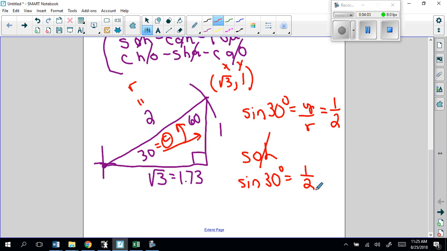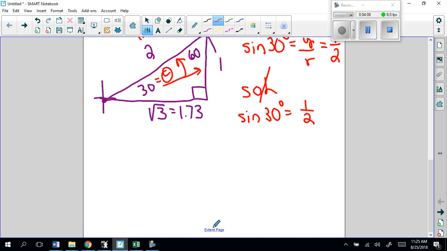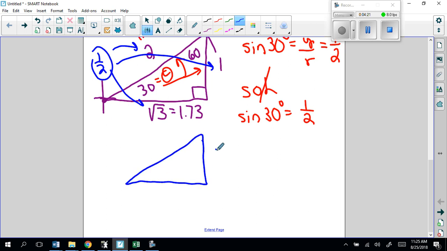Give you 4 ways. Now, what we're going to do is we're going to use the property of similar triangles where we multiply all 3 of these by 1/2. So we get this triangle that's smaller. 1/2, 1, square root of 3 over 2.